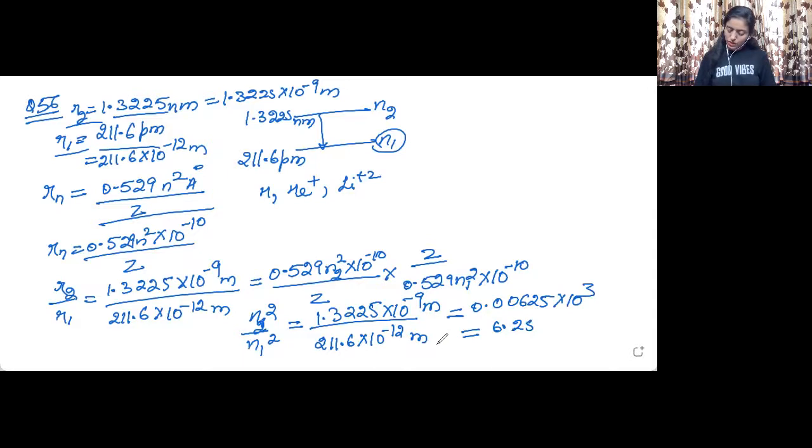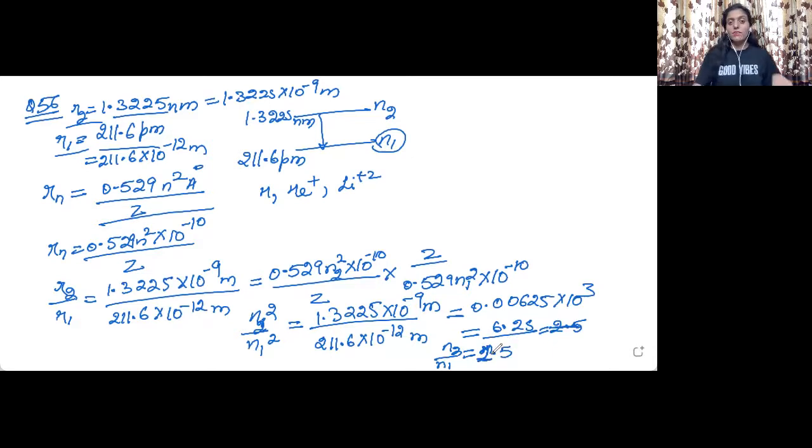So n2 square upon n1 square is this. So n2 upon n1 will be equal to root of this, root of 6.25. It is coming out to be equal to 2.5. So n2 upon n1 is equal to 2.5.